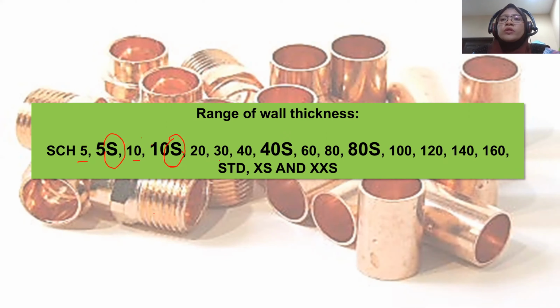For this one, 20, 30, 40, and then suddenly we have 40S. Then 60, 80, then we have 80S. We have 100, 120, 140, 160, followed by STD for standard, XS for extra strong, and XXS for double extra strong.